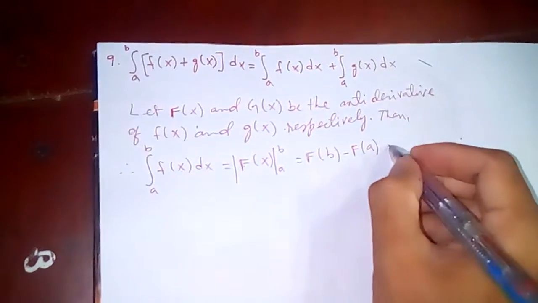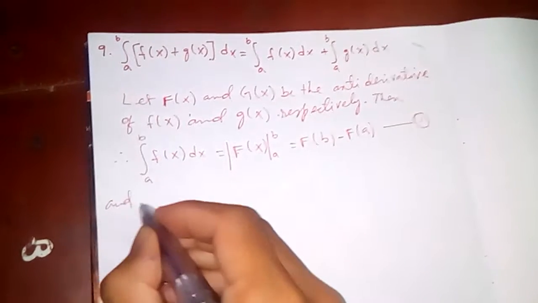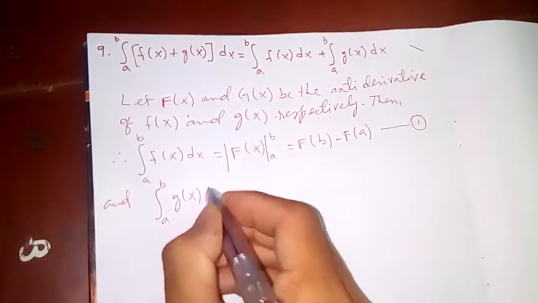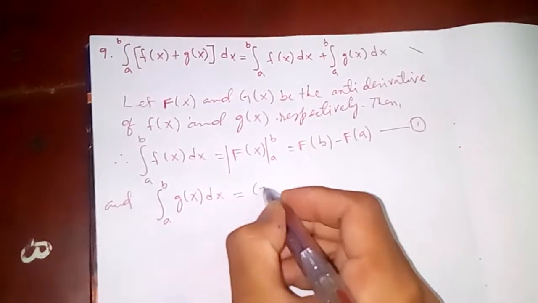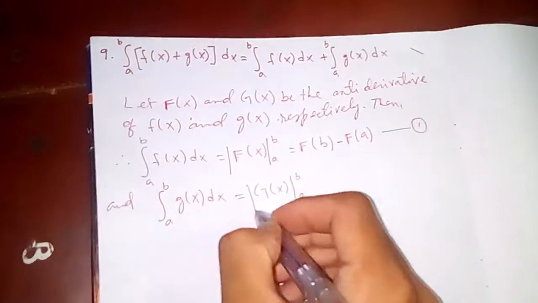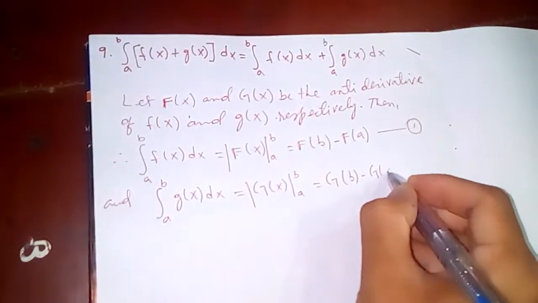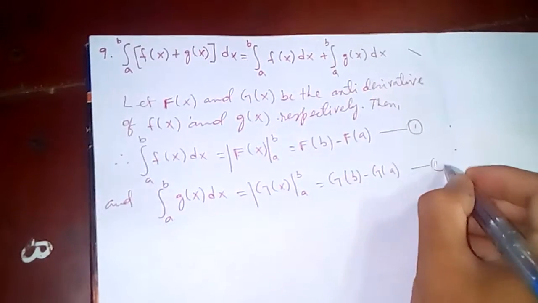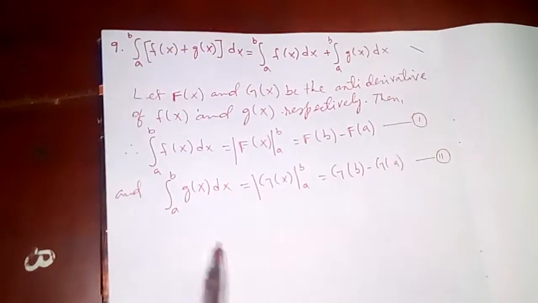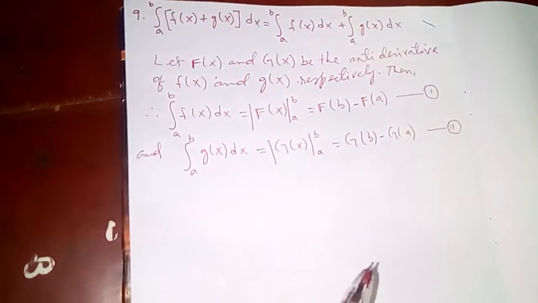So this is equation 1. And the integral from a to b of g of x dx is nothing but capital G of x from a to b, and applying the fundamental theorem of integral calculus gives equation 2. Now we have the right hand side, these two. Now we are going to evaluate the left hand side.